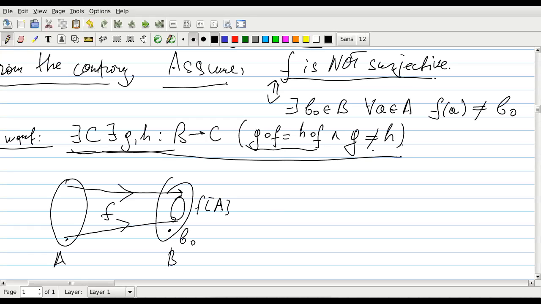So in order to make two functions distinct, how many points do I need in C, at the very least? 2 points. So let C be the simplest possible set of 2 points, 0 and 1.